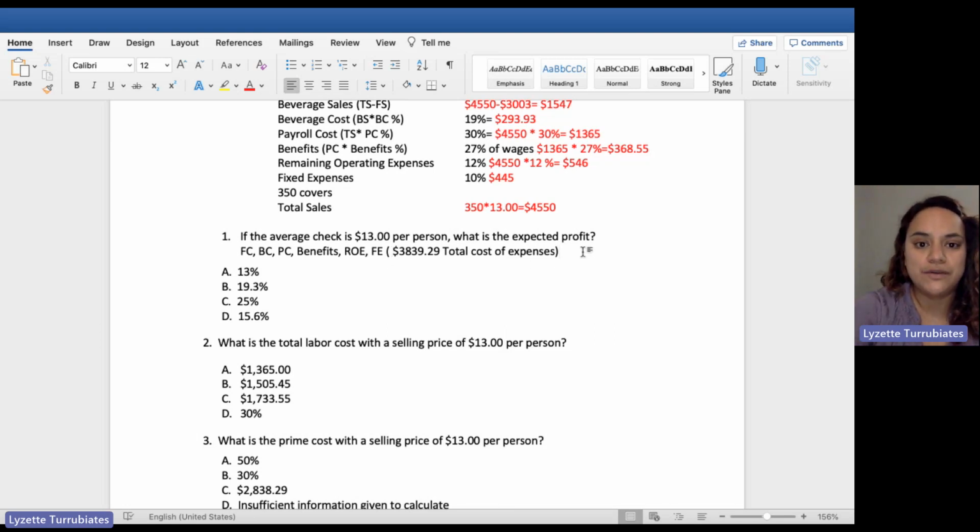Because we have our total sales, which is $4,550, and then we have to deduct our expenses to see how much money we actually made after all of those expenses get accounted for.